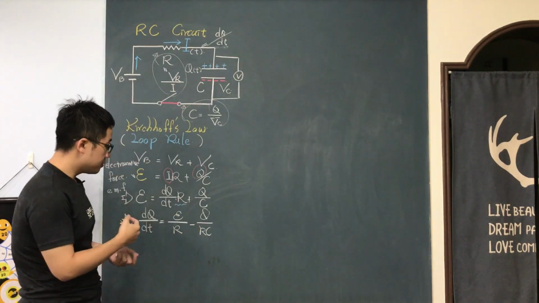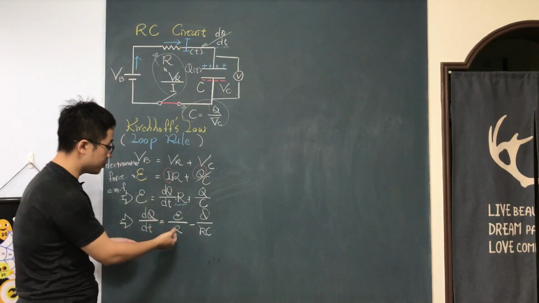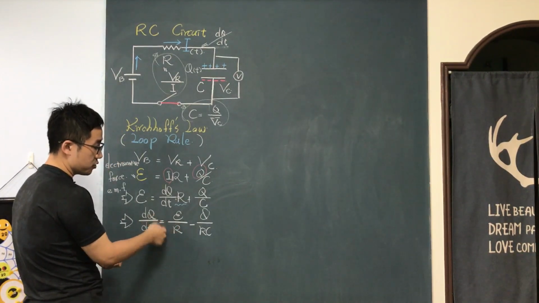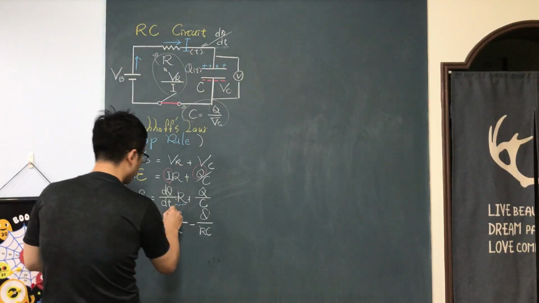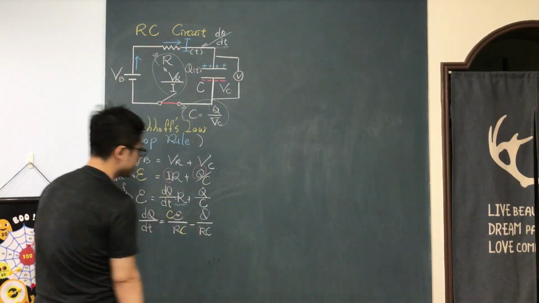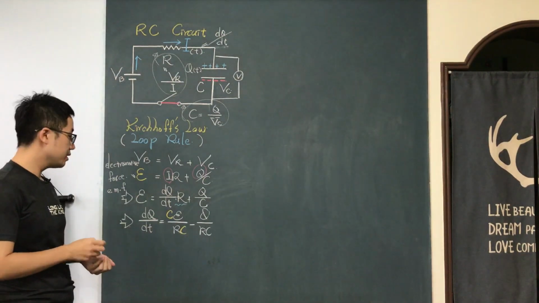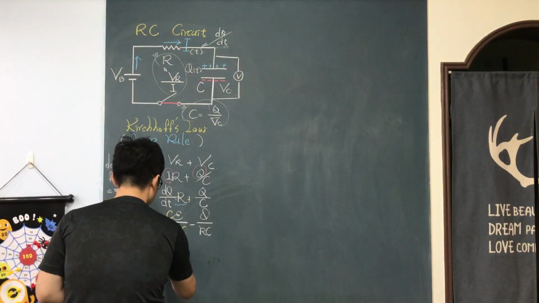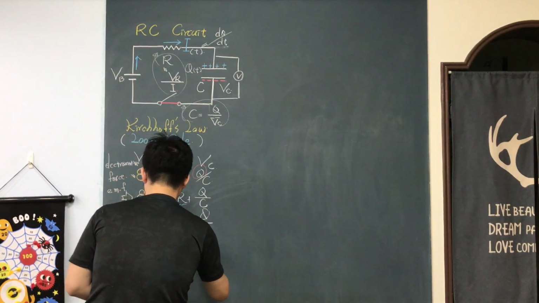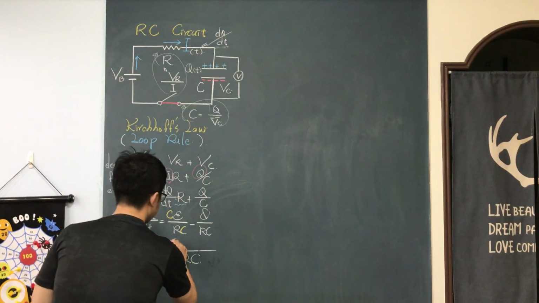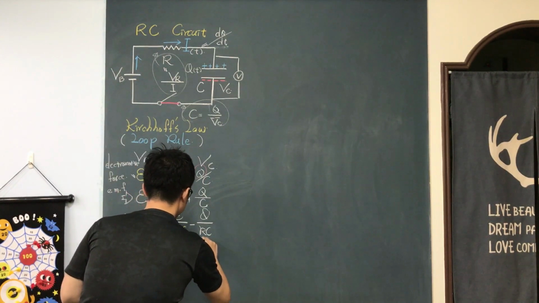So I need to give them a common denominator. I'll simply multiply this term by C over C, and that will be C over R times C. So for these two terms, now combining, I can write it down as RC and CE minus q.